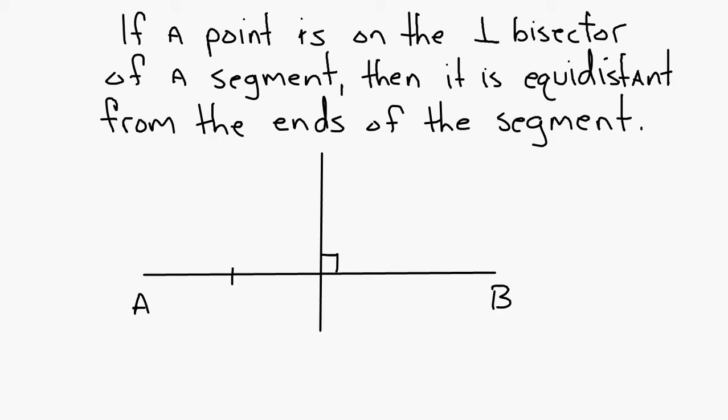So the piece on the left from A to Y is congruent to Y to B. And that's what the tick marks mean. AY is congruent to YB. Let's call this line L. Line L is called a perpendicular bisector now. And what the theorem says is that any point along this line is equidistant from A to B.